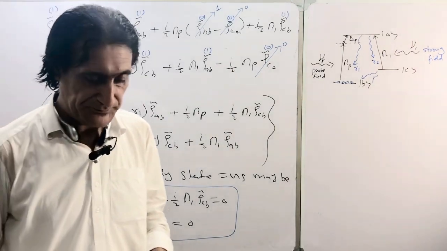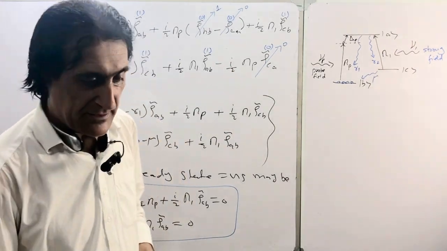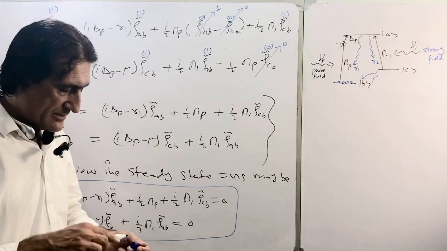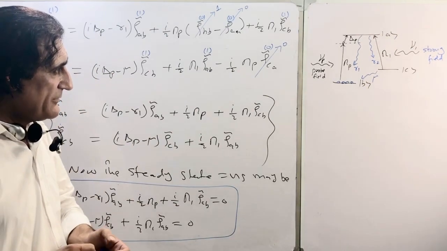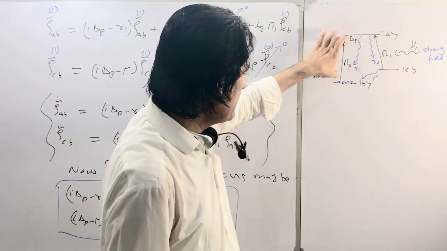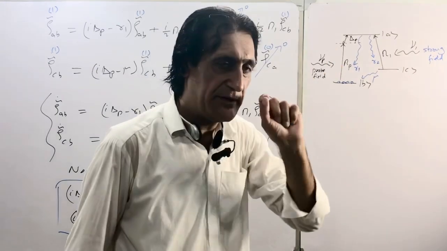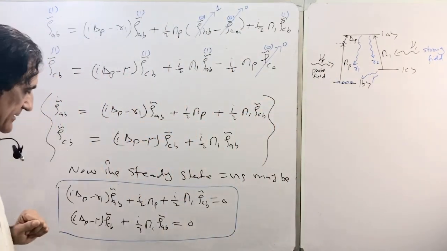Now, as we discussed already, we need the coherence rho AB.